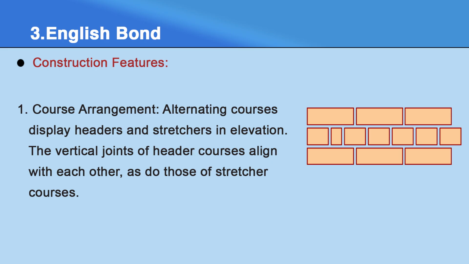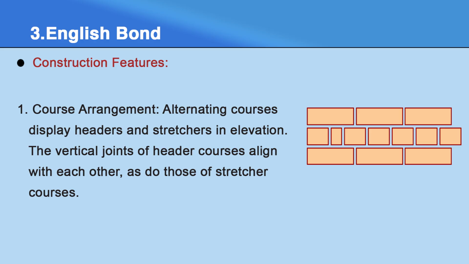The construction features of this: number 1, the course arrangement. The English bond's hallmark is the alternating pattern of header and stretcher courses. In the elevation view, that is from the front, when we see one course displays only the headers, while the next course will display only the stretchers.